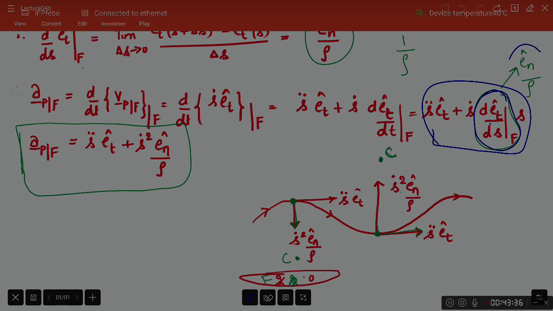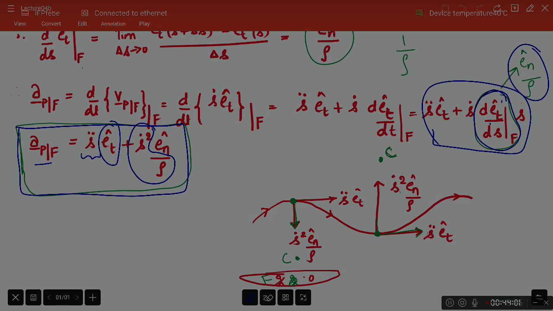Now I know that this vector is En by rho. Once you plug that in here, you get the expression of APF in the path coordinate system. So APF in the path coordinate system has two scalar components. One is s double dot, that acts along Et. The other is s dot square by rho, and it acts along En.